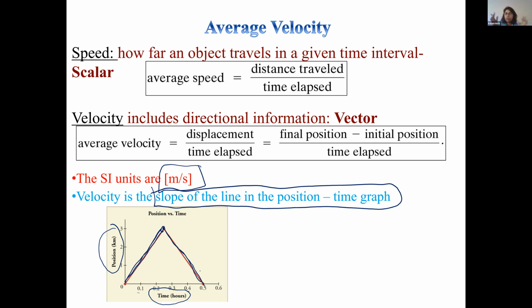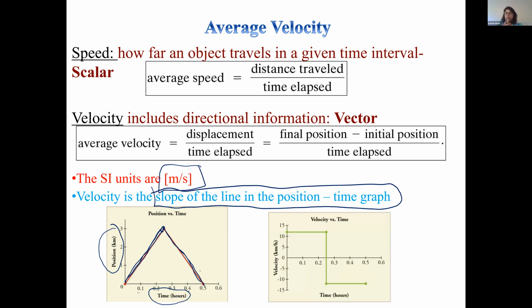Because of that, if you take the slope of this plot, you're going to get the velocity plot that looks like this. You can calculate it and see, but the important thing is this first part is constant and this part is also constant, but the second one is a negative value.